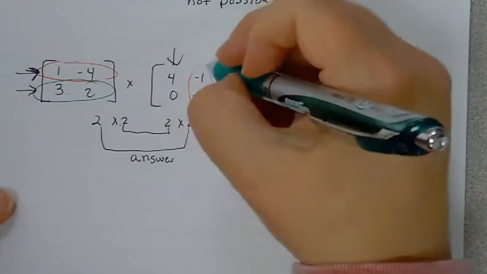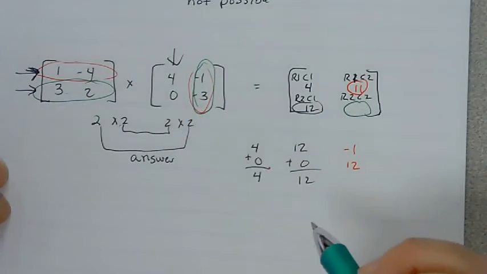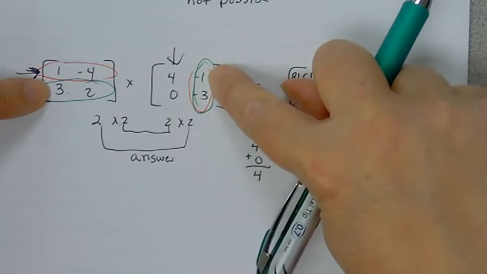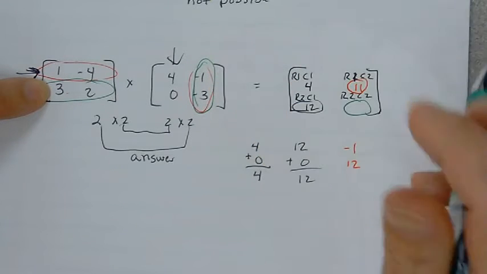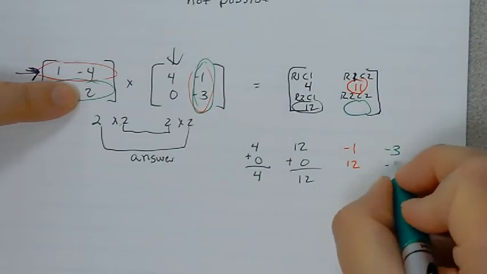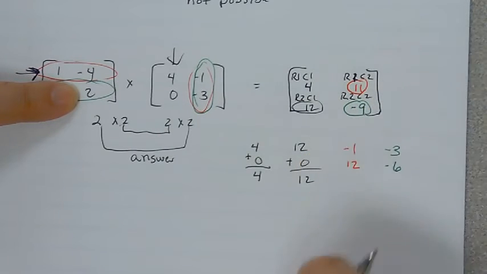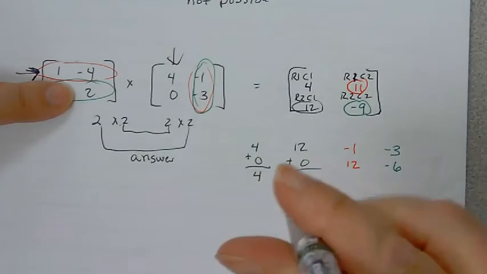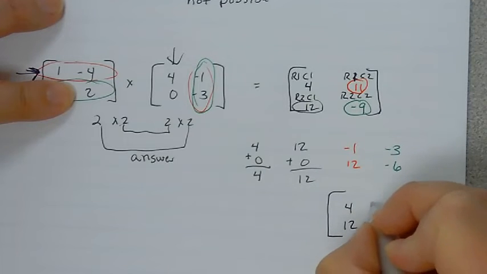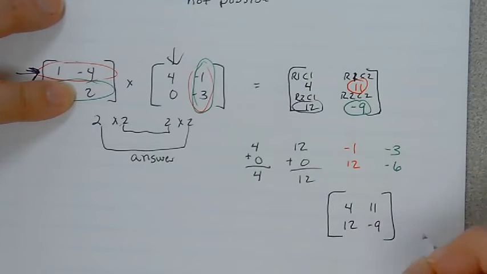So row 2 of the first one, column 2 of the second one. 3 times negative 1 is negative 3. And 2 times negative 3 is negative 6. So in that spot, I would have negative 9. So my end matrix would look like this: 4, 12, 11, negative 9.